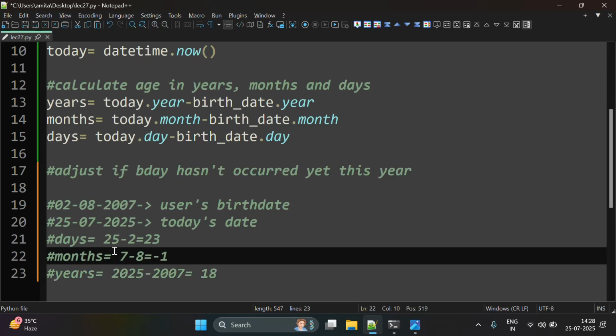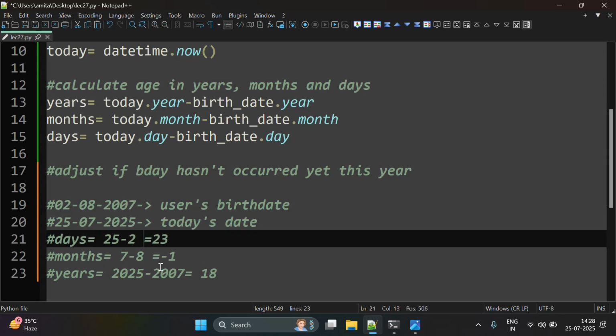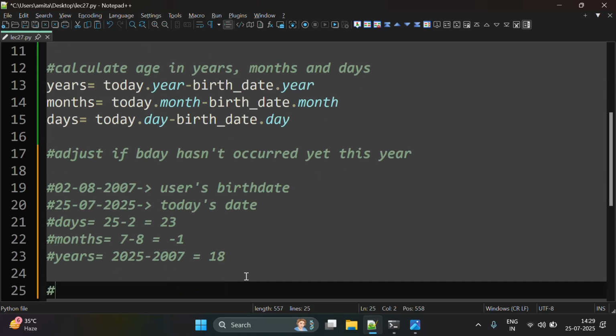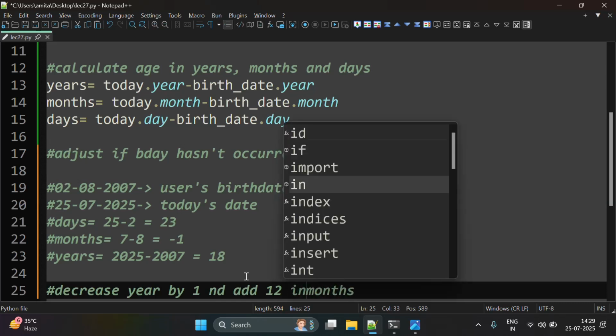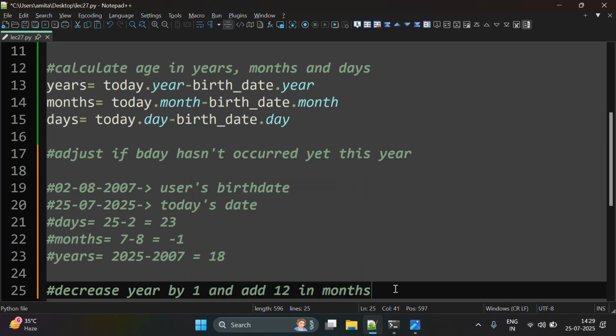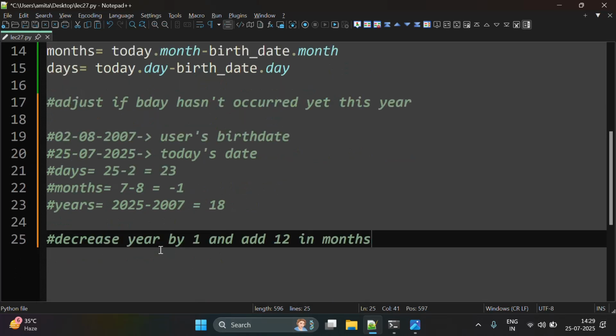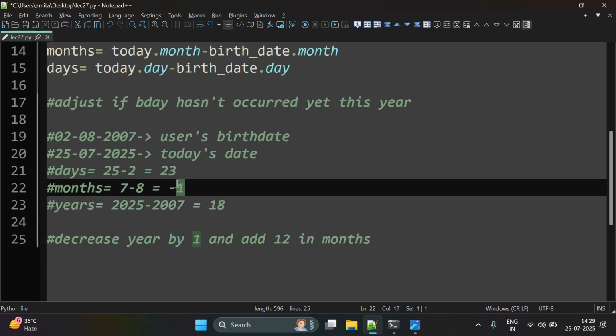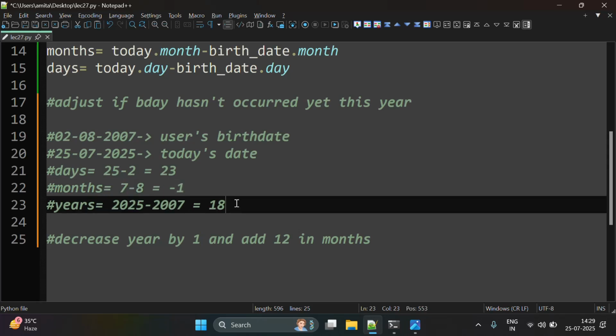So you can see all the rest are positive except the number of months. To adjust this, we will decrease the year by 1 and add 12 to months. So we write 17 and add 12 here, that is 12 minus 1, which is 11.